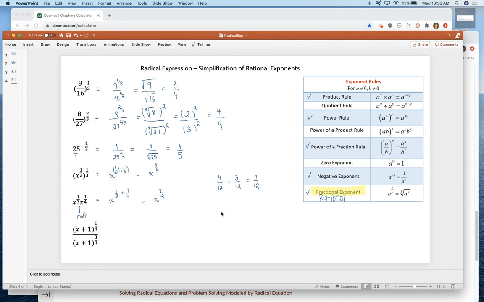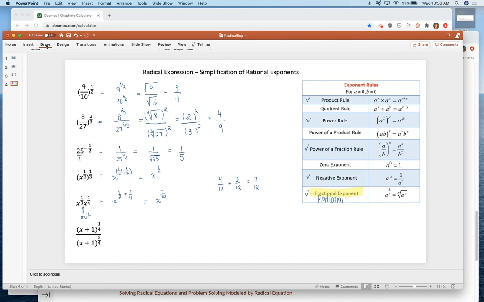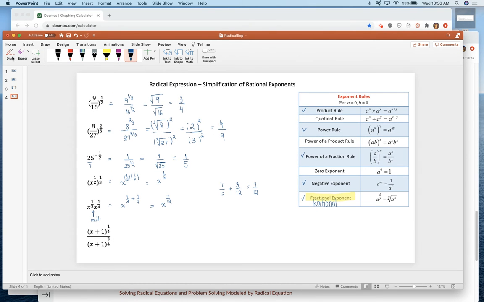Okay, the last one. We are talking about the quotient rule.